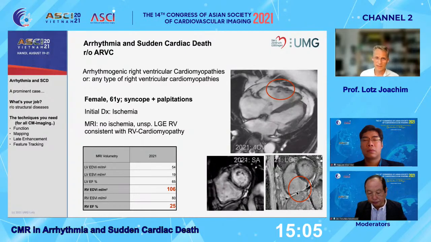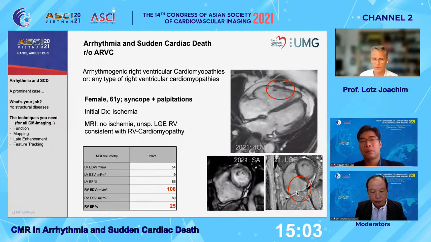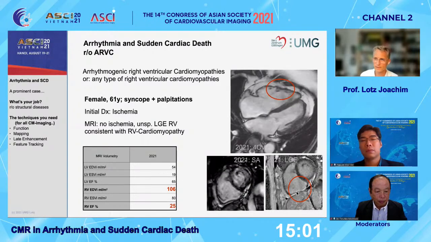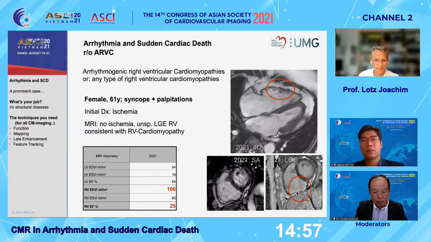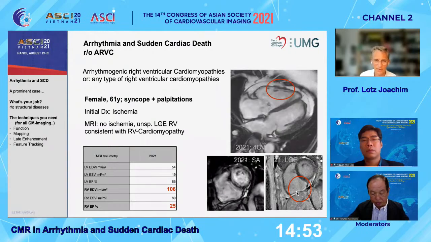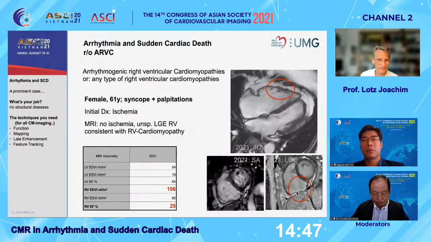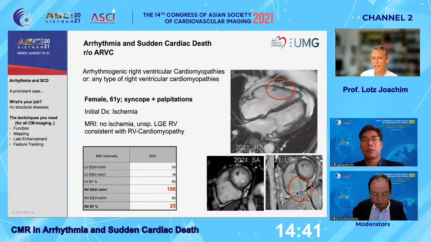So the initial diagnosis with this patient was the question of ischemia. We did perfusion on her. It was normal, given that really quite extensive arrhythmias. And we have an unspecific LGE. It's consistent with the right ventricular cardiomyopathy, and she has all the major criteria for ARVC.